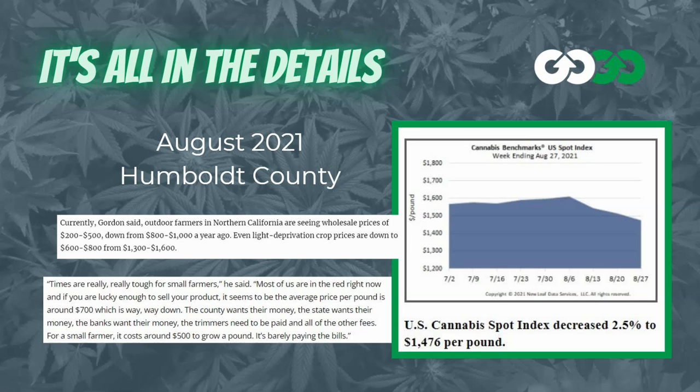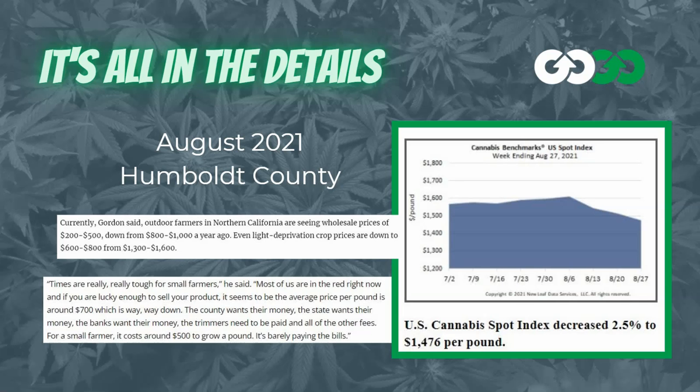If you read through these articles, what you might gather is that outdoor flower in Northern California goes anywhere from $200 to $1,000 a pound. That's hard to gauge your business off of and to make forecasted sales for whatever purpose.